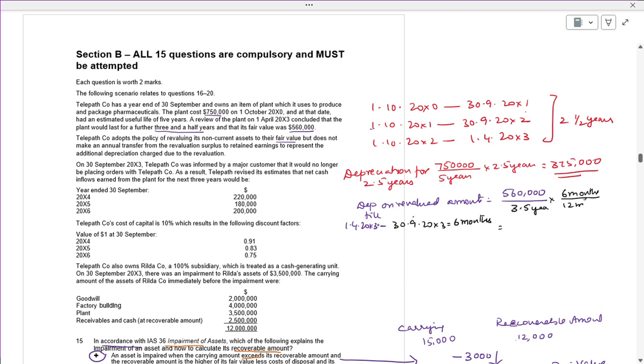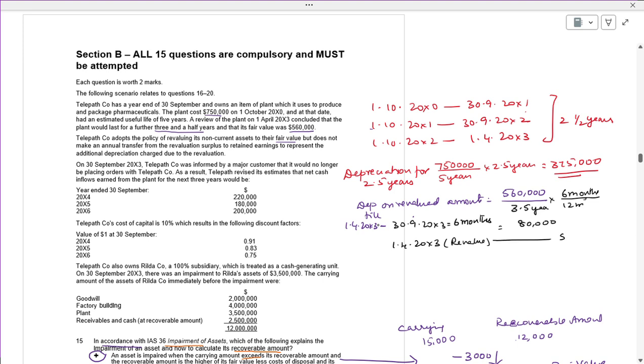560 divided by 3.5 is 160, into 6 months gives 80. From 1/4/2003, how much is the revaluation?